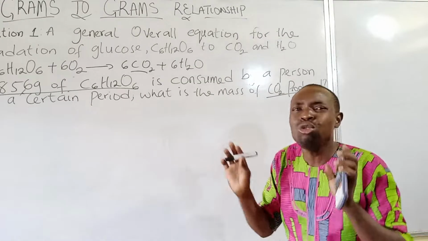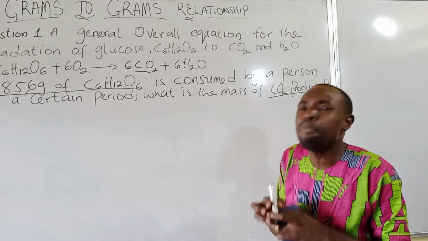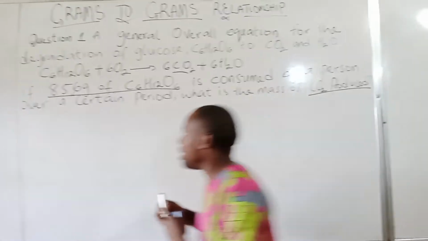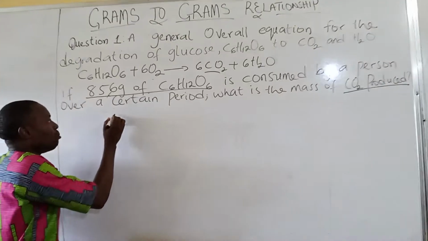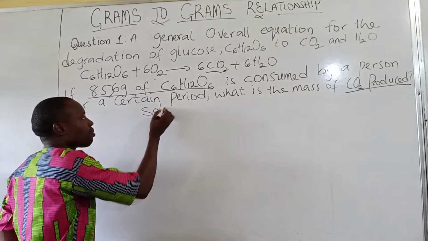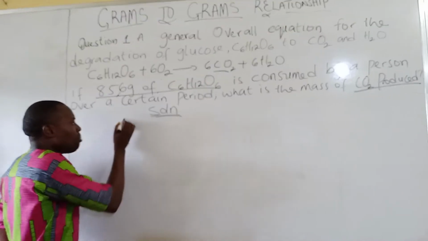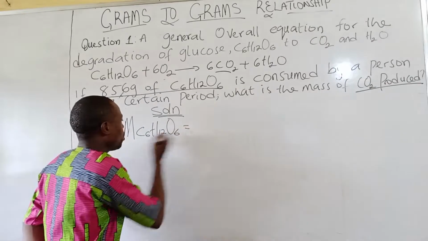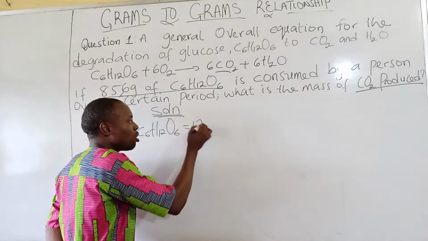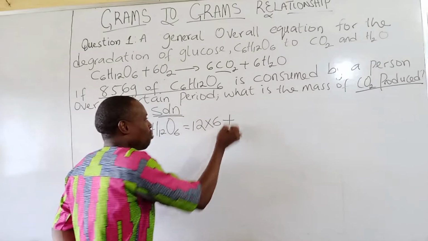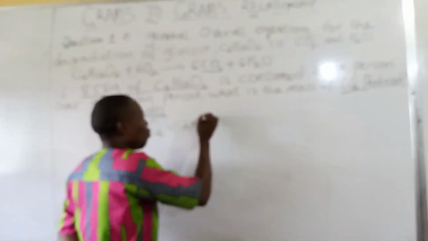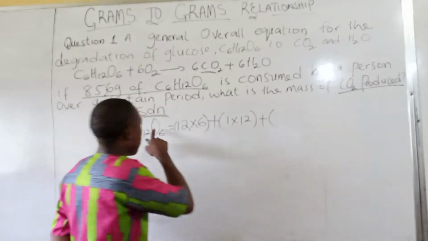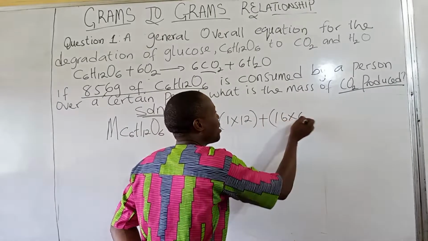Very simple. You first of all calculate the molar mass of the two quantities you are relating with each other. Now, the molar mass of glucose: the atomic mass of carbon is 12 times 6, plus hydrogen, which is 1 times 12, plus oxygen, which is 16 times 6.